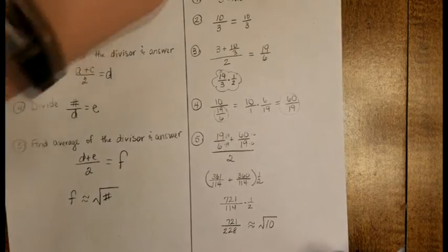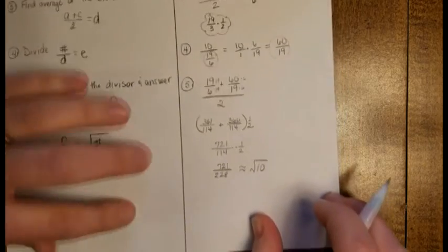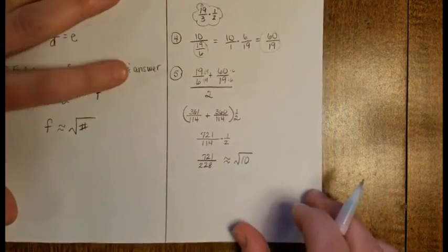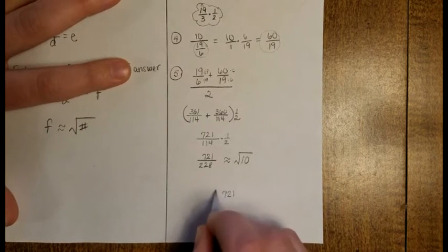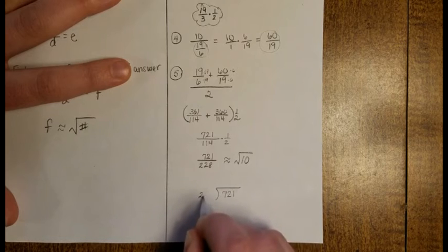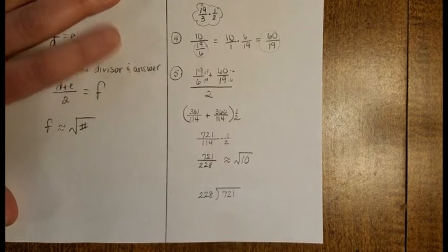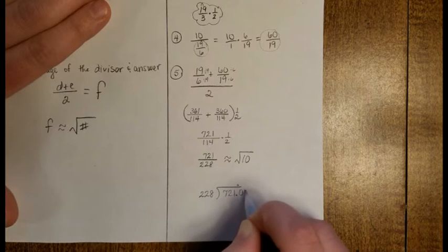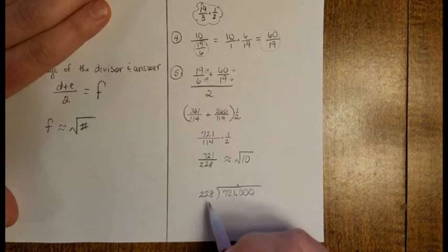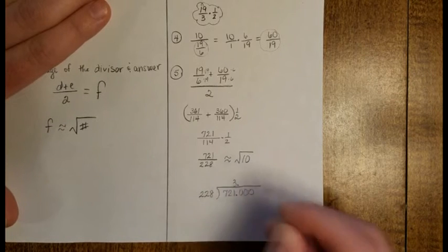So I'm going to take a little bit of time here, try to divide this. 721 divided by 228. You could do this on that scratch paper I told you would be handy. I'm going to add some decimal points and a couple zeros. 228 goes into 721 at least 3 times.